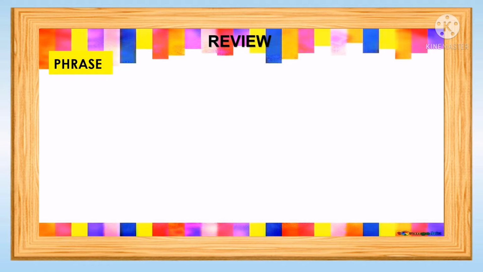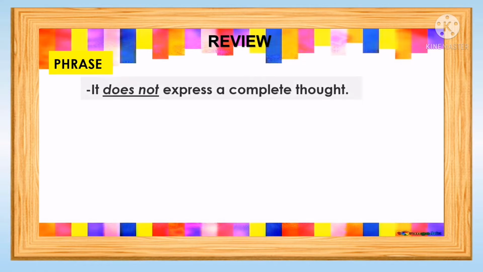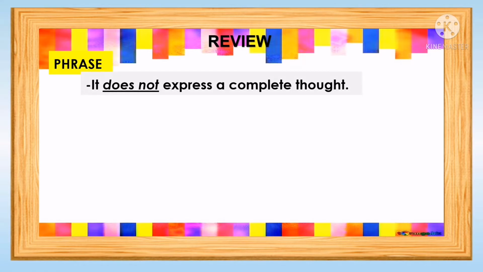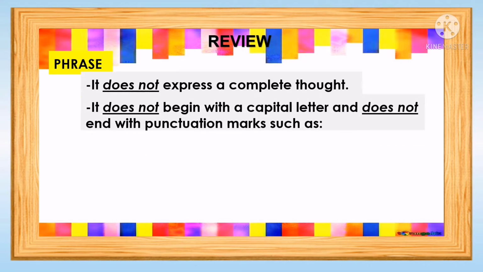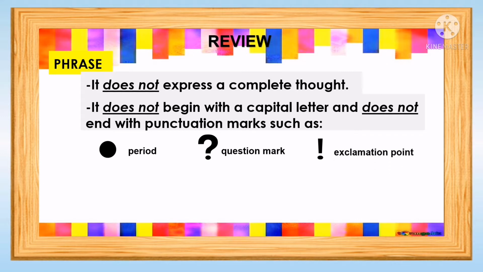Let's talk about phrase. When we say phrase, it does not express a complete thought. Next, it does not begin with a capital letter and does not end with punctuation marks such as period, question mark, and exclamation point.